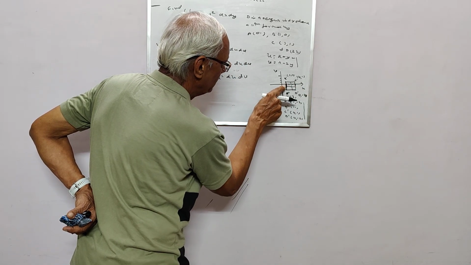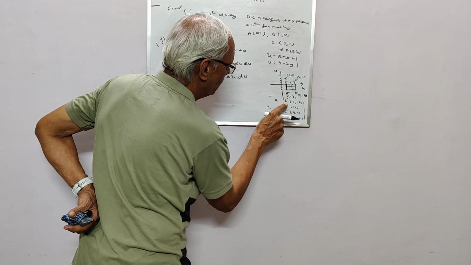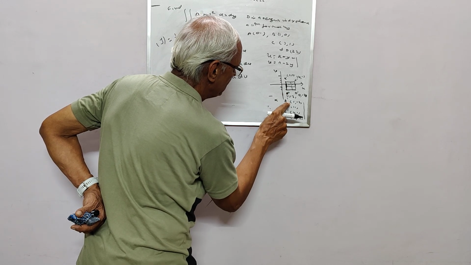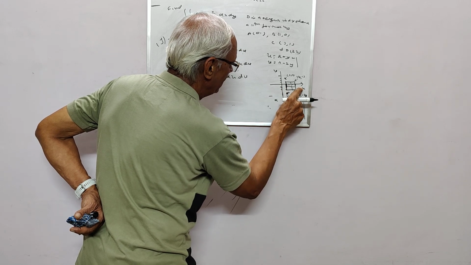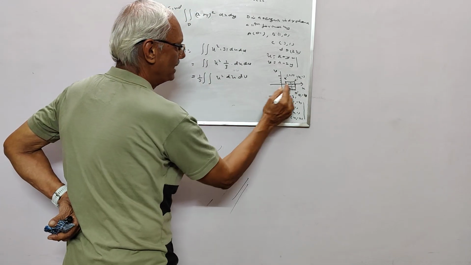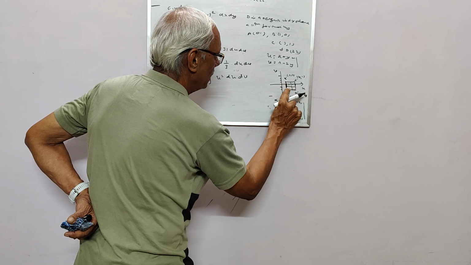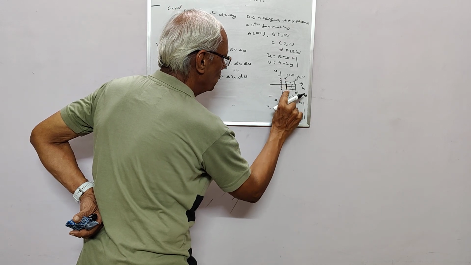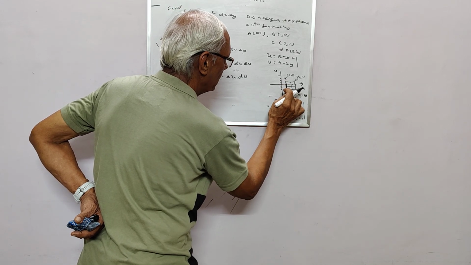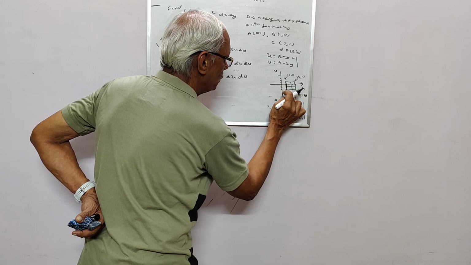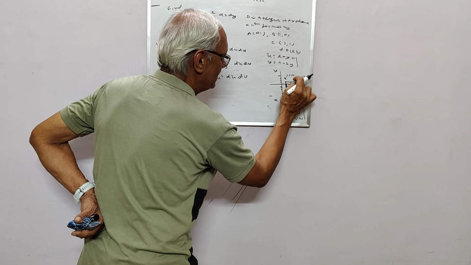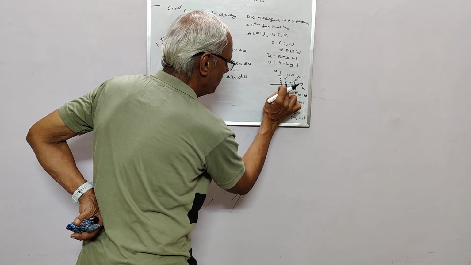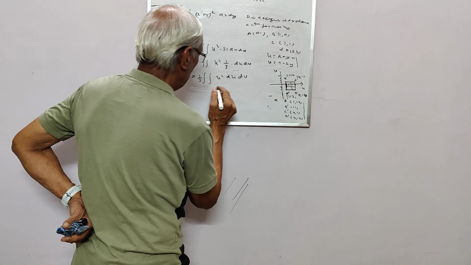So here x will start on this. What is the value of x here? It starts at 1. See, x is equal to 1 on this line, and it will go up to 4. X means here u. Wherever this u, it is taking the value 1, and wherever on this it is taking the value 4. So it goes from u is equal to 1 to 4.